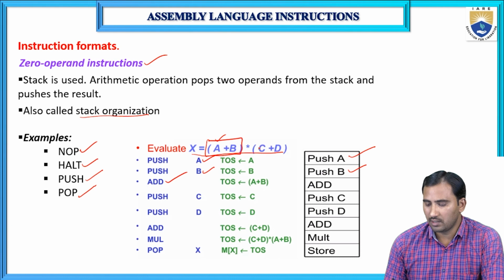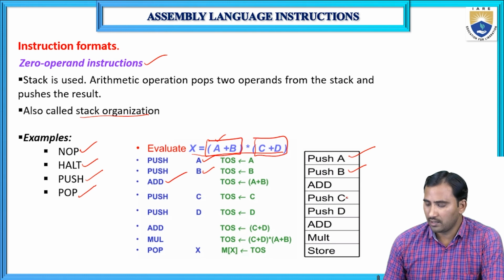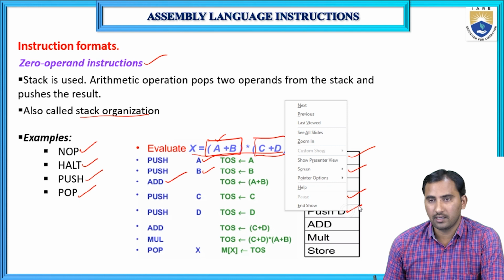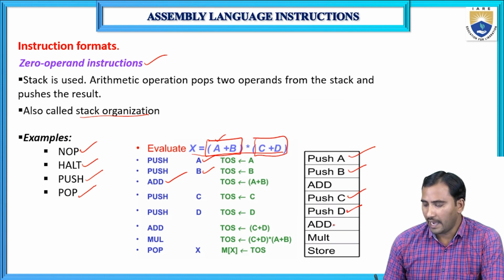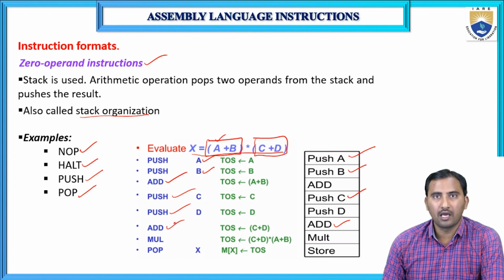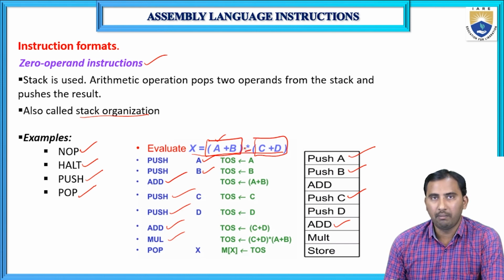Next we want the summation of C plus D. So we push the C register data into the stack, then push the D register data into the stack, then perform the add operation between C and D. Then we perform the multiplication operation, because here we need to perform the multiplication.